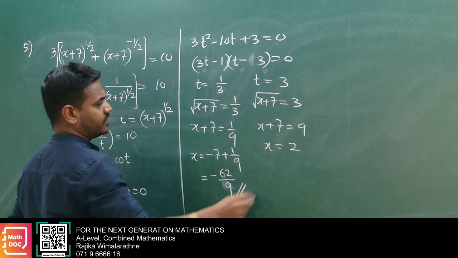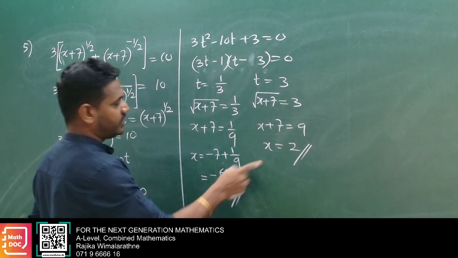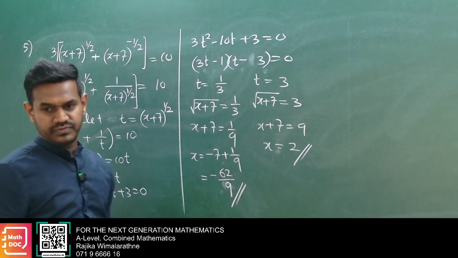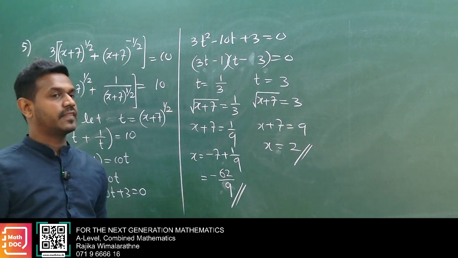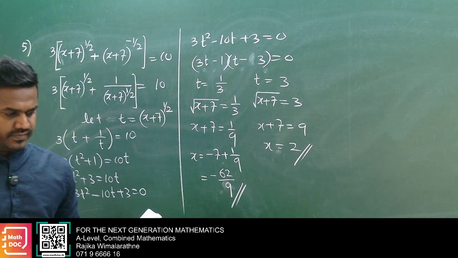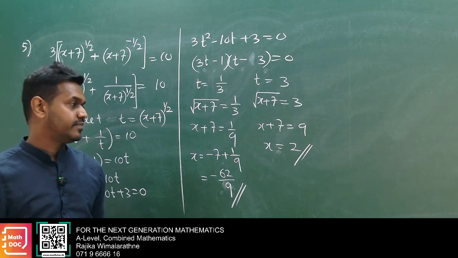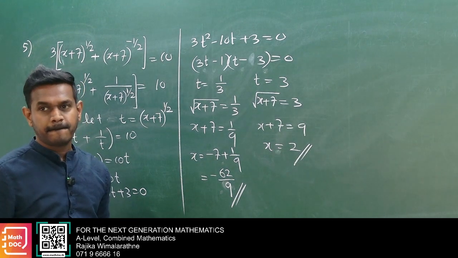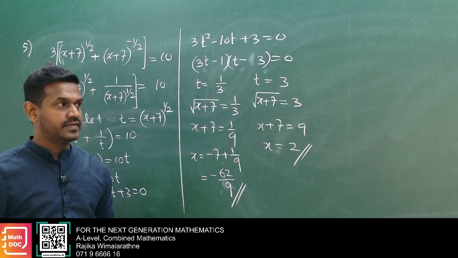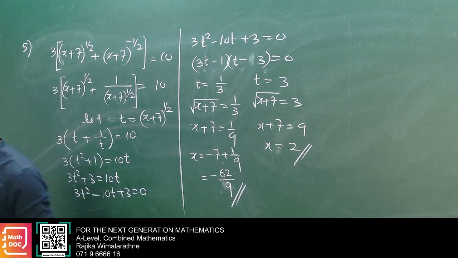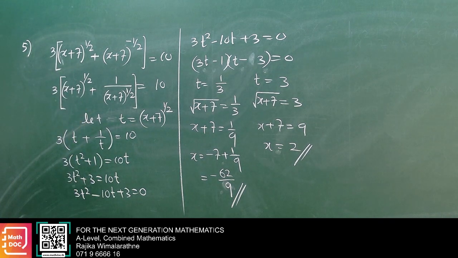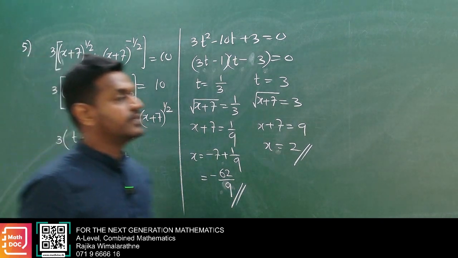Then two possible x values, minus 62 over 9 and 2. Continue. Do it alone.